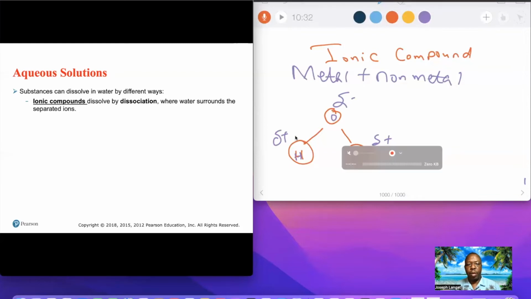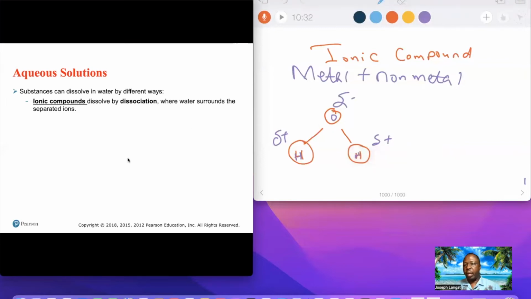Therefore, each hydrogen is electron poor. That means in this bond right here, electrons are pulled toward oxygen. Now, this is the electron-rich portion of the water molecule.